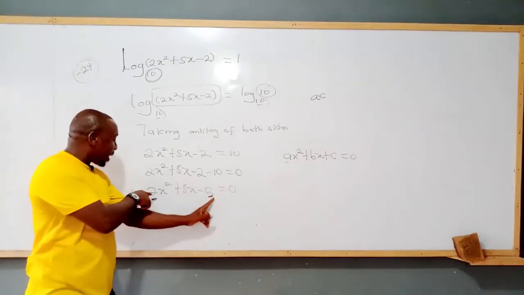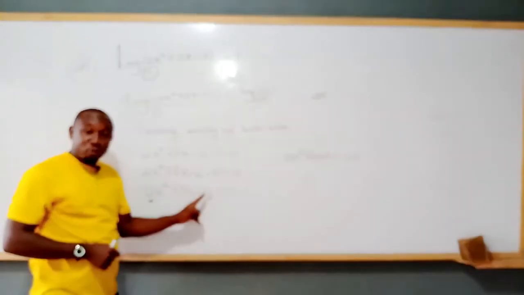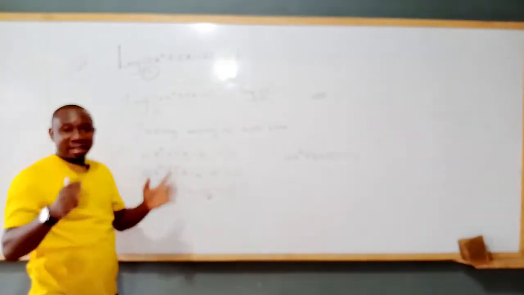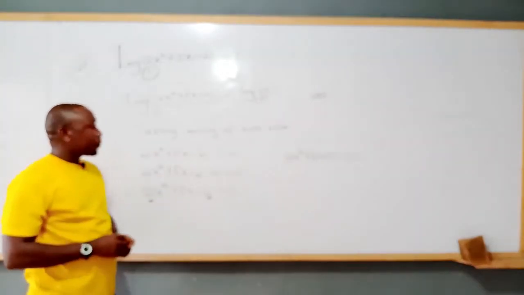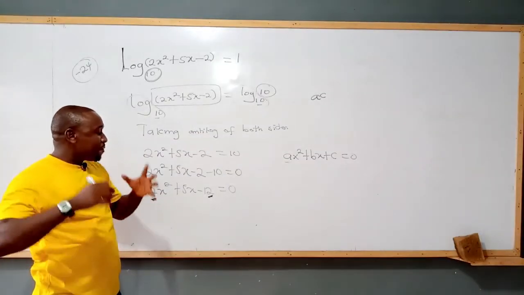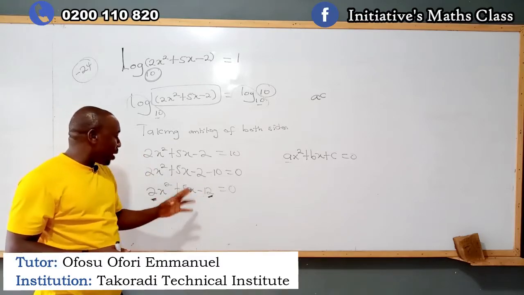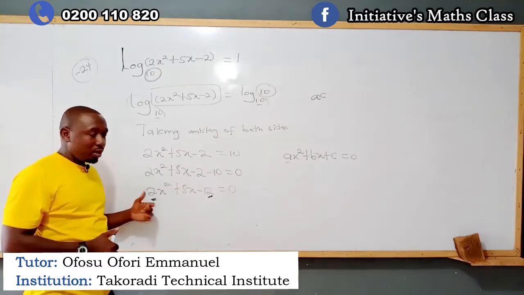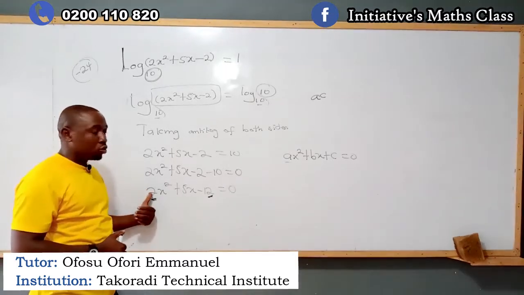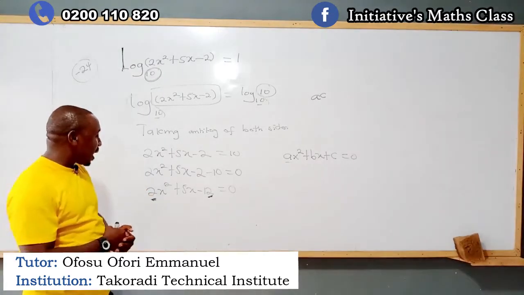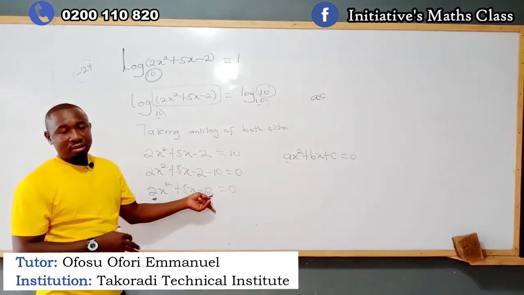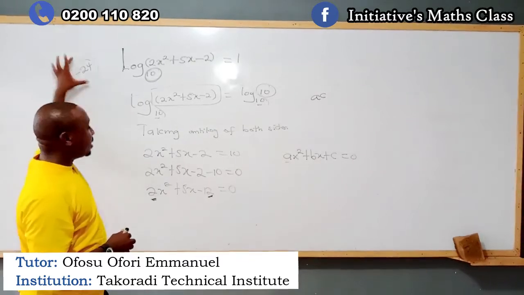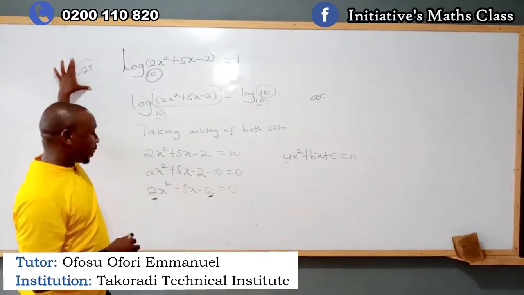They fail to multiply 2 by the negative 12 before finding the factors. In fact, you can only go ahead to find the factors when the coefficient of x squared is 1. But if the coefficient of x squared is 2, what you need to do is to multiply 2 by the constant, and that will give us negative 24.